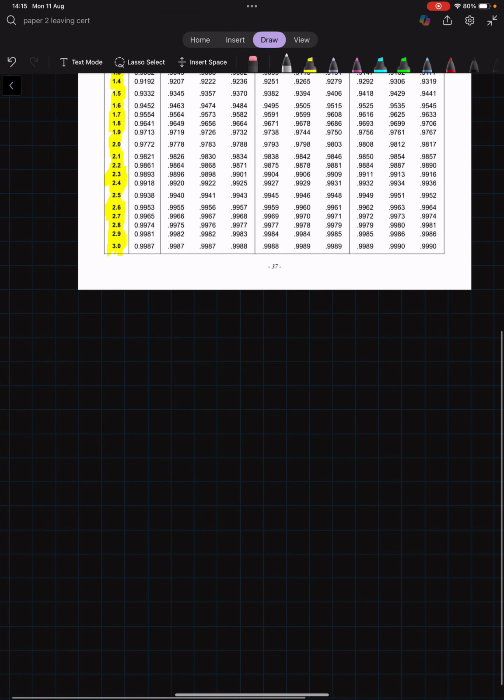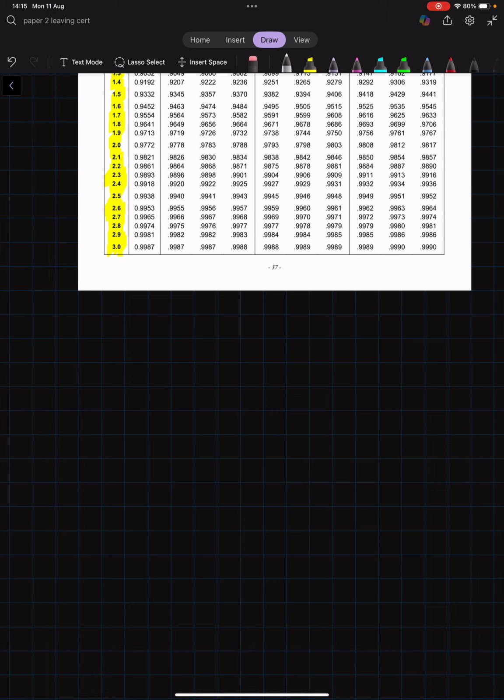Let's say we have this thing and it says Z has a normal distribution of 0 and 1. They'll tell you it's normally distributed, 0 and 1. This first number is your mean or average. This then is your standard deviation.